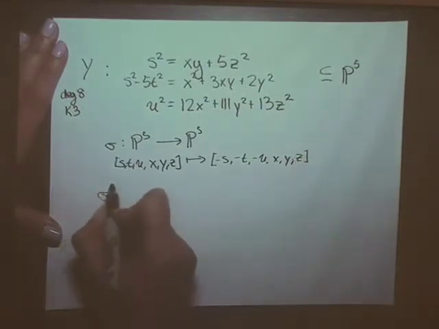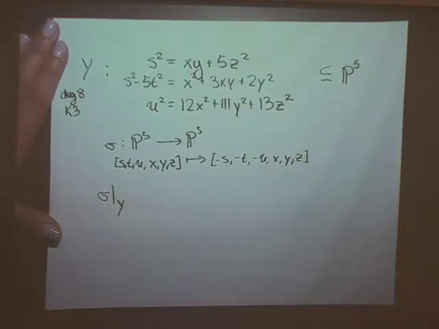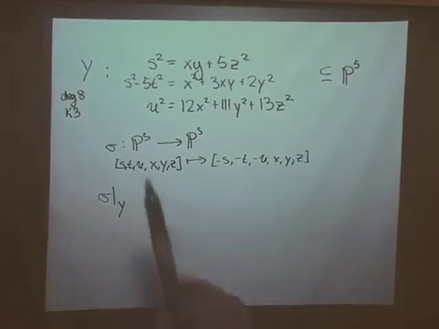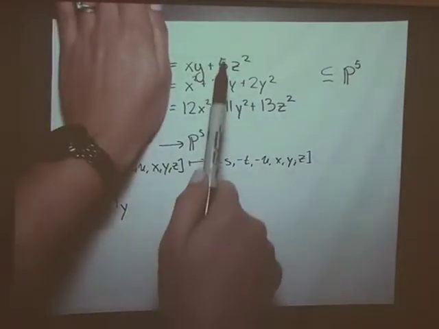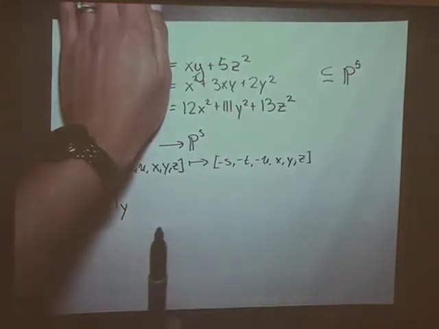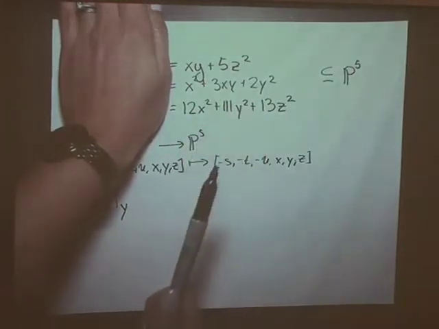If you think about what happens when you restrict this to Y, what are the fixed points of this involution? They're either when s, t, and u are all 0, or when x, y, and z are all 0. So if we look at what happens when s, t, and u are all 0, I just cover this up, and now I'm looking at the intersection of these three conics, and I can think of this just as in P2.